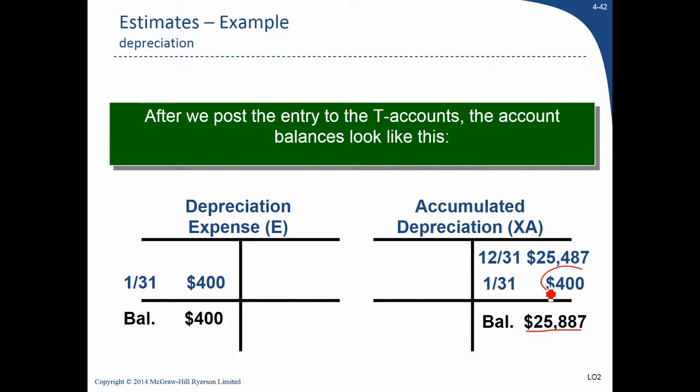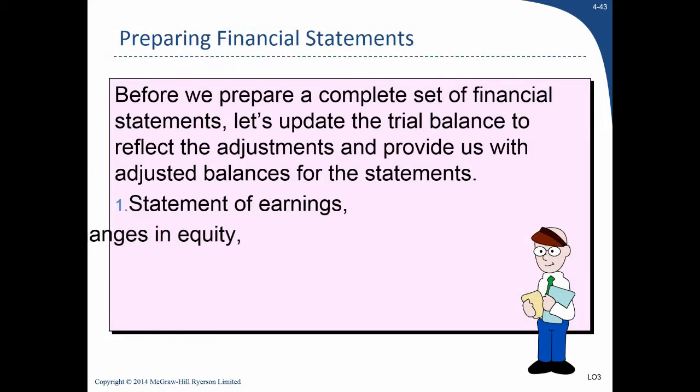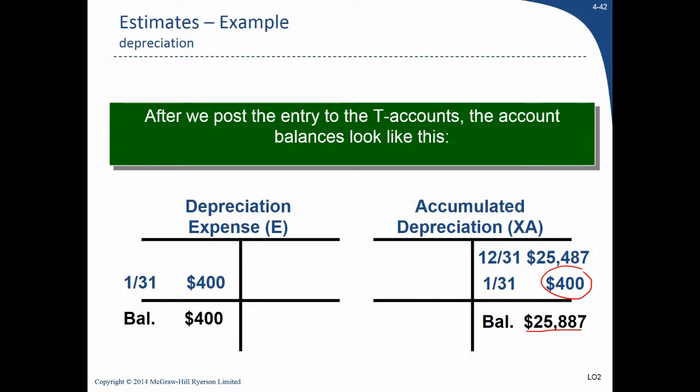Notice how we have the credit here, which adds to the accumulated depreciation balance. Notice how depreciation expense is only $400. Why is it not $25,487? Because we recognize the depreciation expense in past years, right?